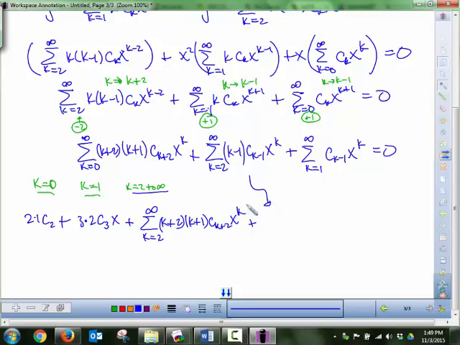For the next one, it's already starting at the same index as the first series that we just took apart. So let's just keep that because it already has a starting index of 2. Now the other one doesn't start at 2. It starts at 1. But if I take that leading term out, when k is equal to 1, that would be a separate term, and then I can have the rest of the series here.